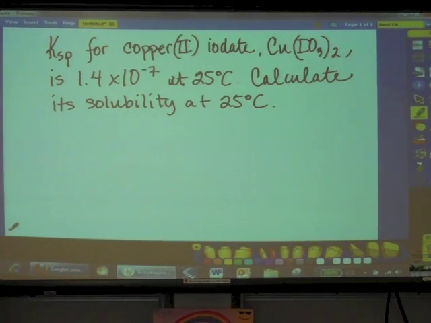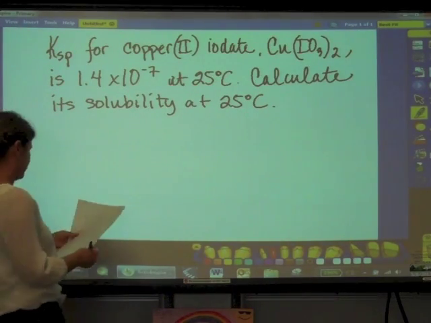Okay, now if we are looking for solubility, what are we solving for in our ICE diagram? We are solving for x. We are trying to find x, because remember, x represents solubility. Okay, so let's first of all write the equation.